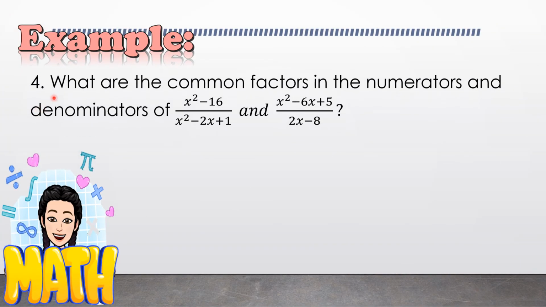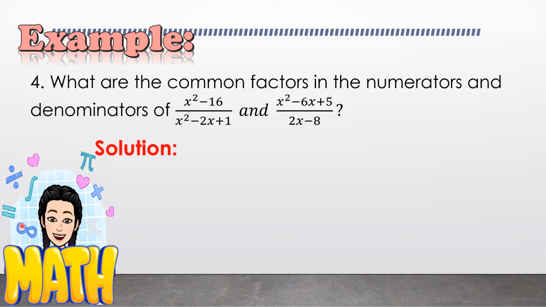Next example. What are the common factors in the numerators and denominators of x squared minus 16 all over x squared minus 2x plus 1 and x squared minus 6x plus 5 over 2x minus 8?